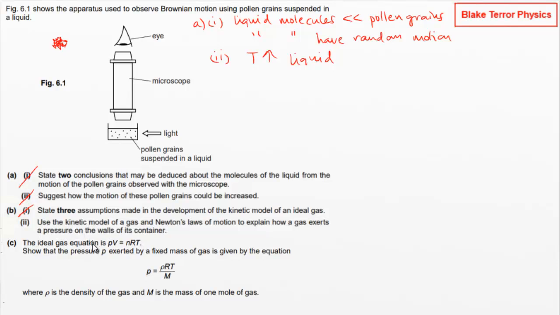Right. Use the kinetic model of a gas and Newton's laws of motion to explain how the gas exerts a pressure on the walls of the container. Right, so you really want to be making proper statements here where you're mentioning the Newton's laws. So I'll write out a chain on these, and I didn't write out anything for the last one.